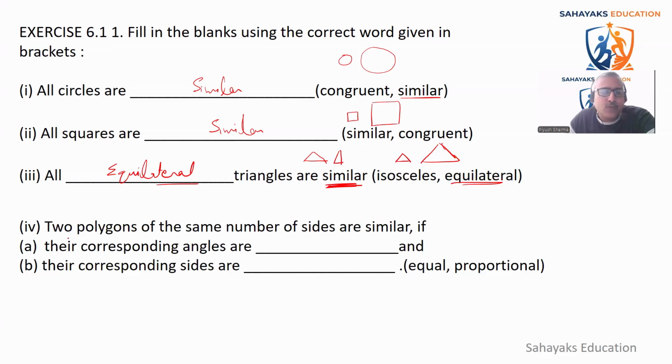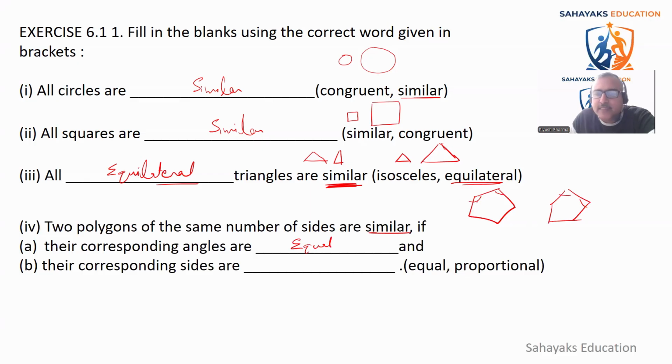Okay, next question. Two polygons of the same number of sides are similar if their corresponding angles are equal. If I say this is a polygon of 5 sides, and this is another polygon of 5 sides, when are they similar? When all their corresponding angles are equal.